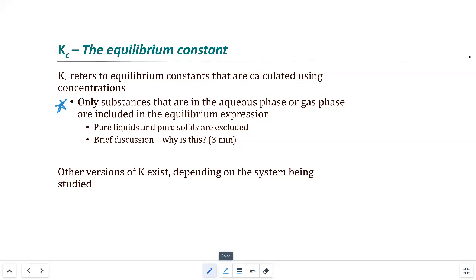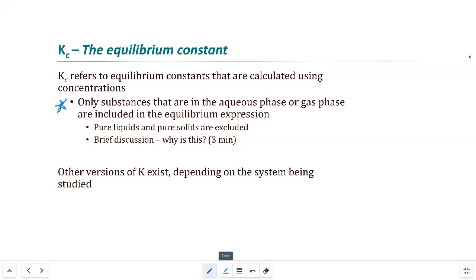Same thing with pure liquids. If I look at water, yes, I can say, okay, water is a product of this reaction. It's a pure liquid. It's going to take up the entire space because it is the solvent. Does anyone know the concentration of water in itself? You can actually do the math on this. It's about 56 molar.